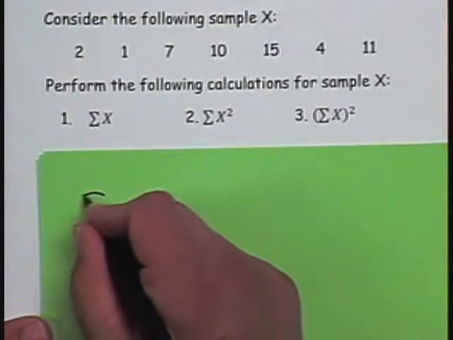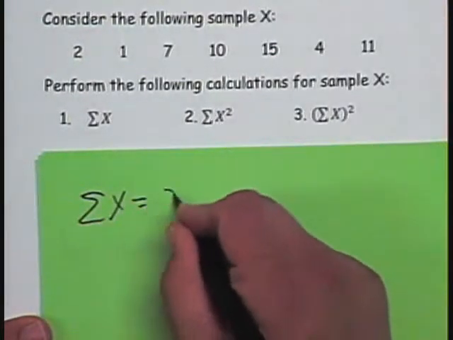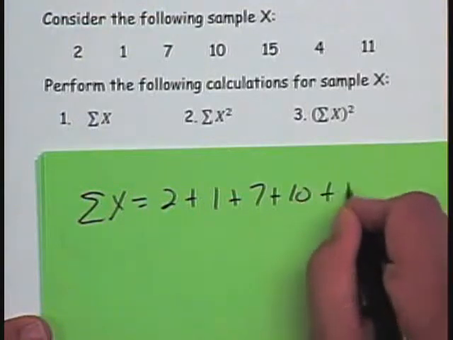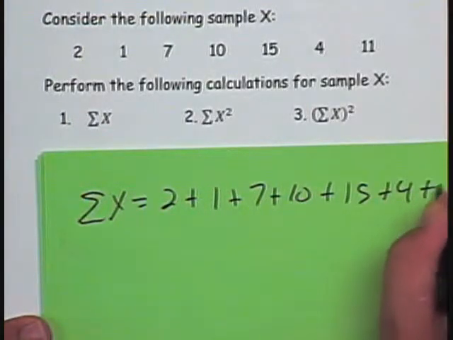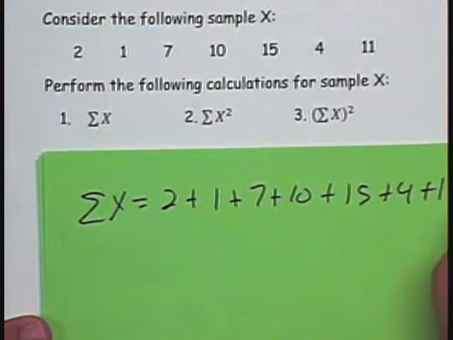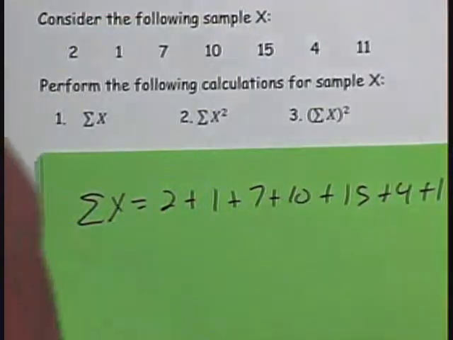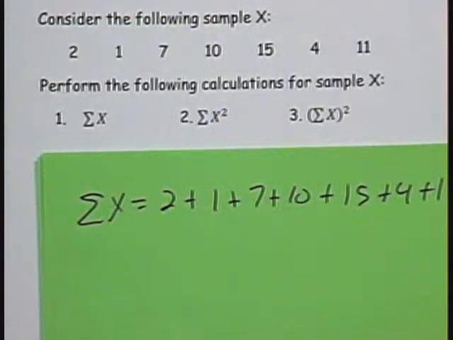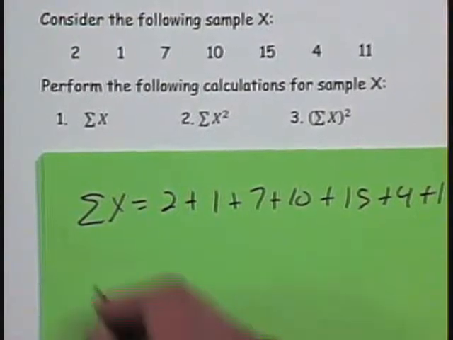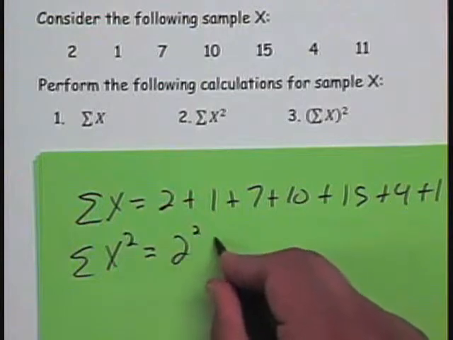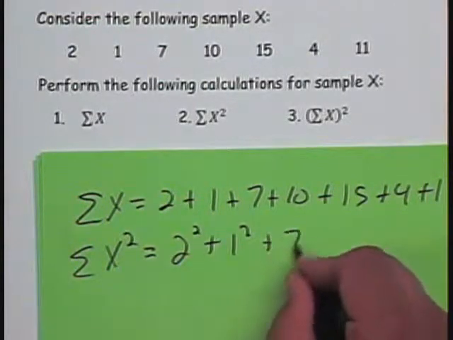So the sum of x is, I'm going to just add the numbers together. And when I do that, and I actually have this all worked out. Let me get my work here. So you add all those together, you get 50. Okay, so the sum of x squared, I'm going to square each one first.